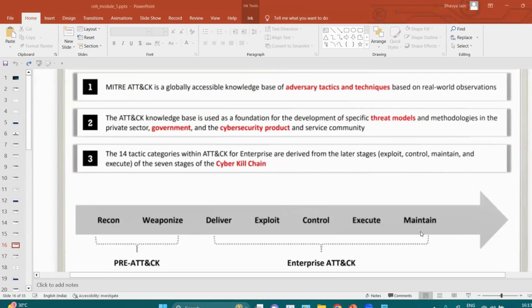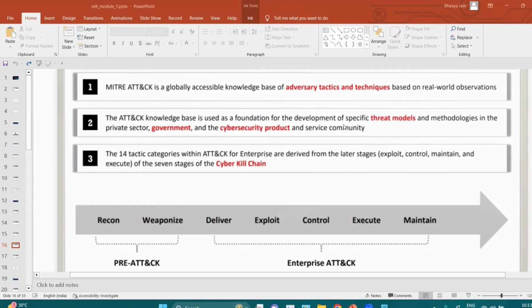Reconnaissance and weaponization are pre-attack, and then delivering the malware up to maintenance is the enterprise attack. Pre-attack is when we are preparing to attack the target machine. Enterprise is when we have launched the malware in the enterprise, which is in the company or in the device. That is why it is known as enterprise attack.